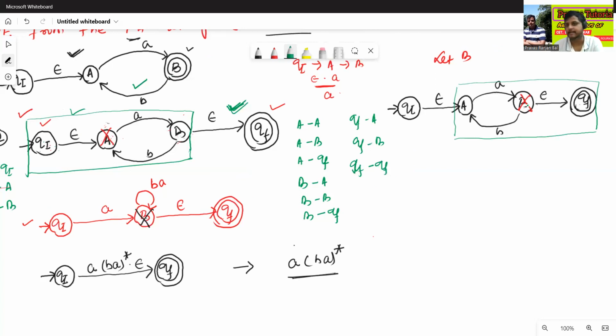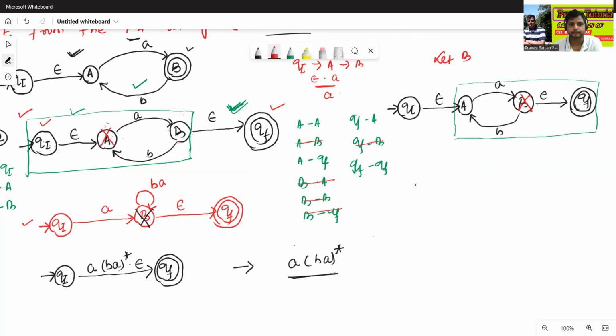Since B is removed, we remove all these paths related to the B state.